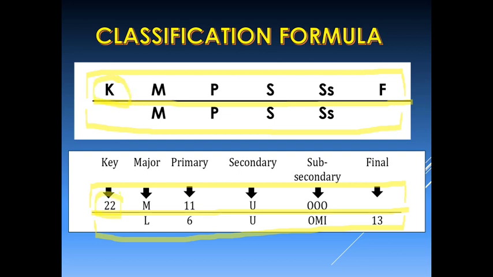In the major, primary, secondary, and subsecondary, it involves the numerator and the denominator. Unlike the final classification, it could be either on the numerator or on the denominator. In our video, it will be explained under the final why it could be in the numerator or in the denominator.